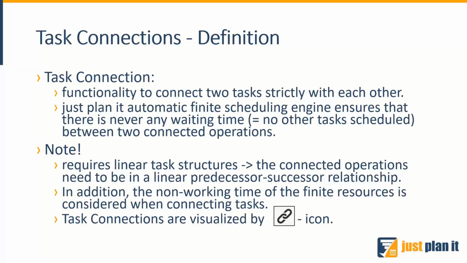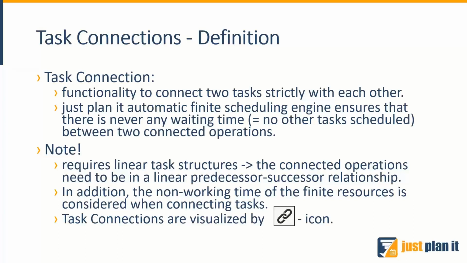Having this in mind, please note that connecting tasks requires linear task structures. So the connected operations need to be in a strictly linear predecessor-successor relationship, which implies that every task can just be connected to one other task.